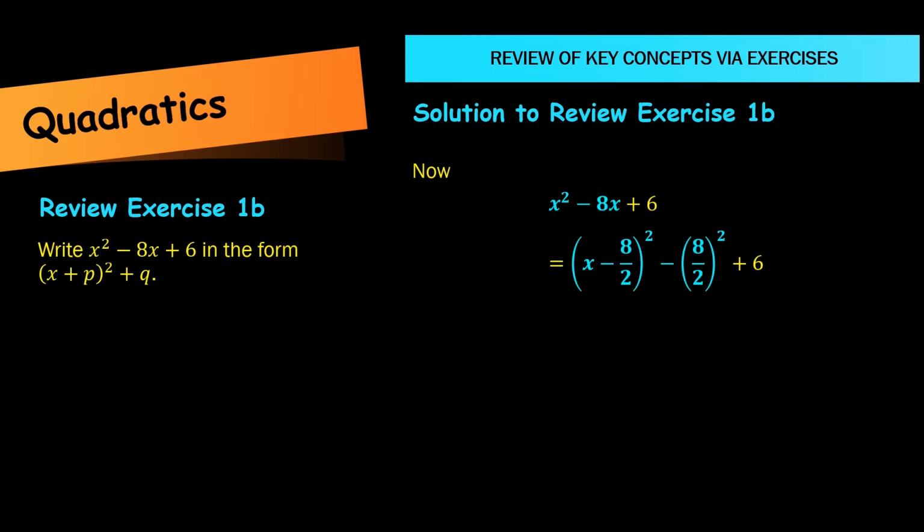Again, we have used the completing the square method. Which gives (x − 4)² − 4² + 6. And tidying up gives (x − 4)² − 10.